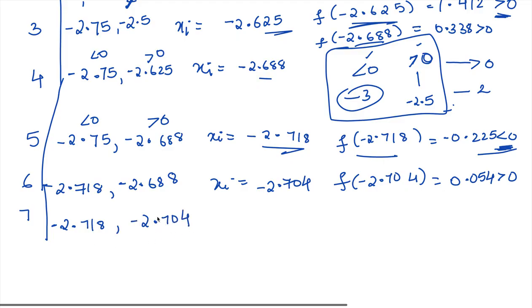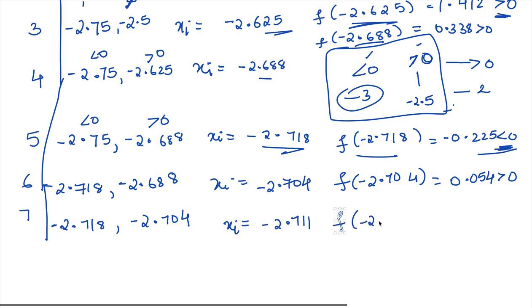You are seeing how much we have shrunk our interval. Previously it was between minus 2 and minus 3. Now we came to know that our root is between minus 2.718 and minus 2.704. So we have shrunk it a lot, right? Now what is xi? Minus 2.718 plus minus 2.704 divided by 2, which is minus 2.711.